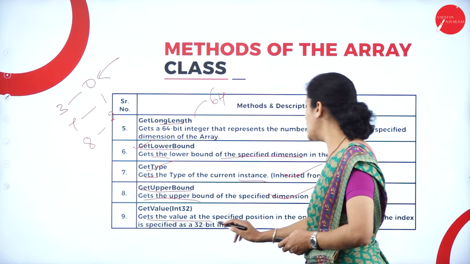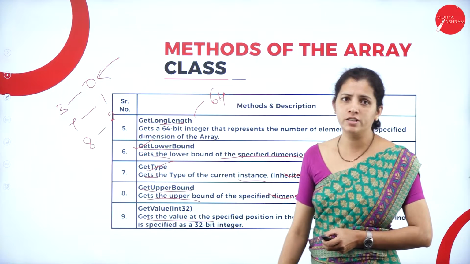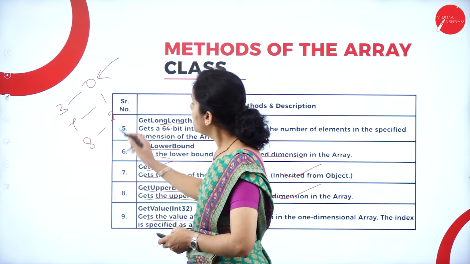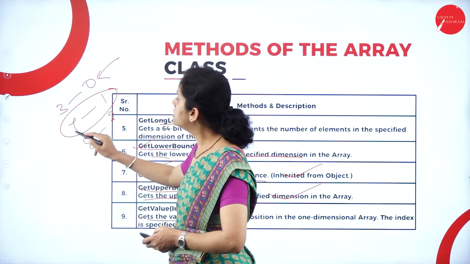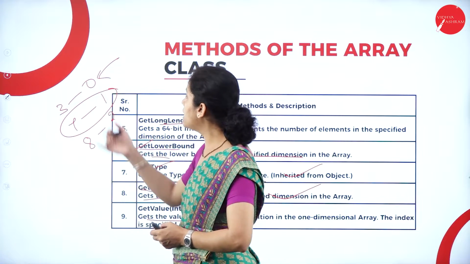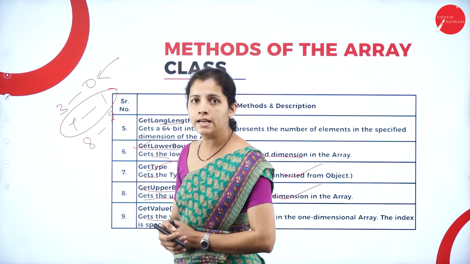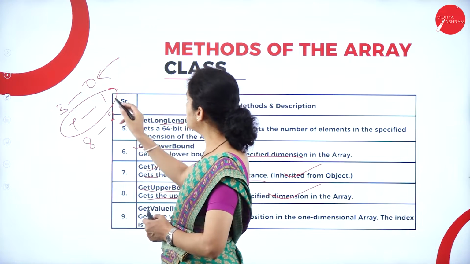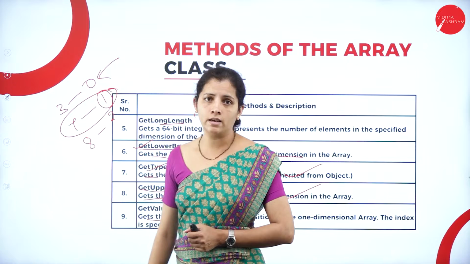So, GetValue gets the value at the specified position. For example, think that I want to get the element 7. Where is it present? It's present at location or position 1.